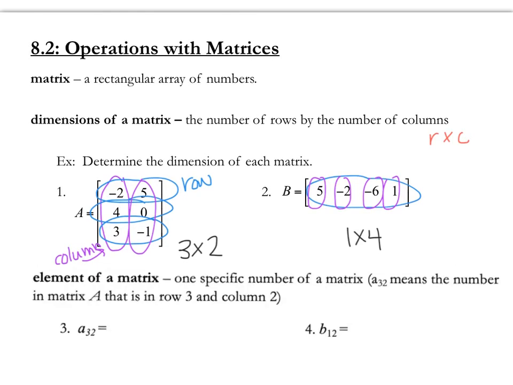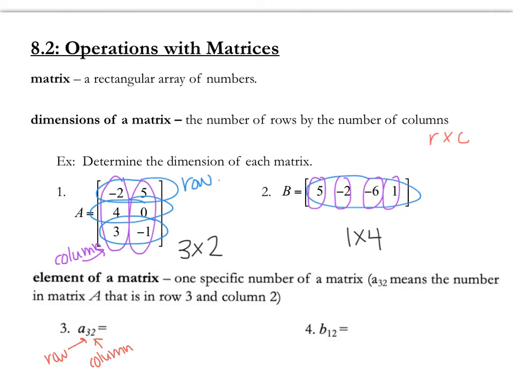So the next part is just how you reference a specific number in the matrix. You can do that by using the letter for the matrix in a lowercase form and then putting 2 numbers after it. The numbers give you the row first and then the column second. It's in the same order as the dimensions.